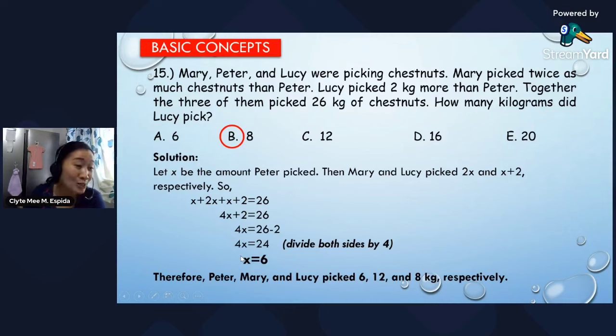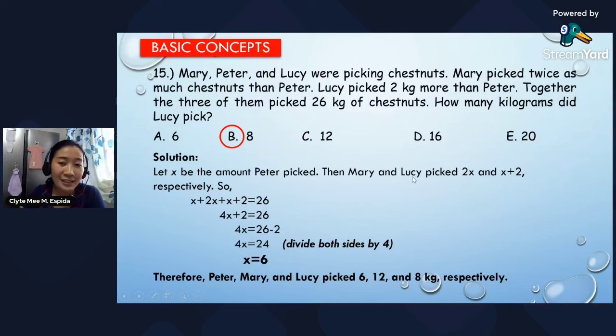Pero hindi pa po sagot si 6. Kaya siguro kayo nalito sa A. Kasi yung X natin, si Peter. Yung tinatanong po sa ating problem is how many kilograms did Lucy pick? So, ibig sabihin, hindi pa ito yung sagot.